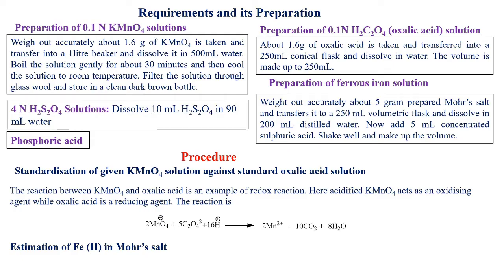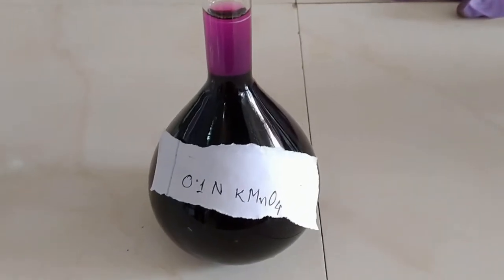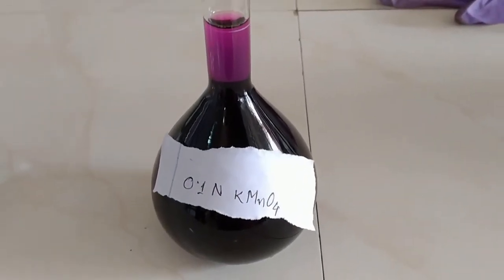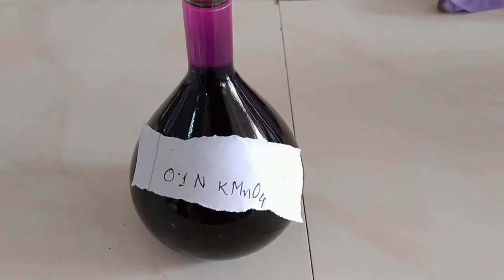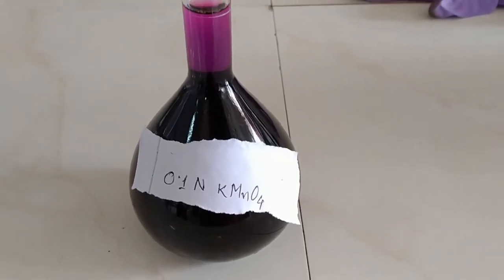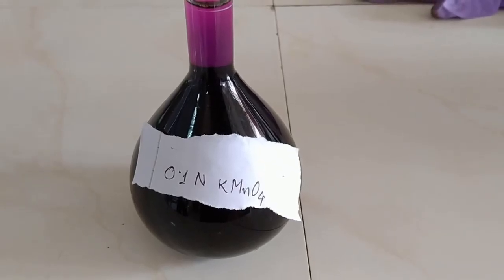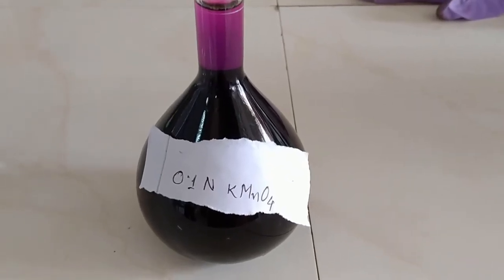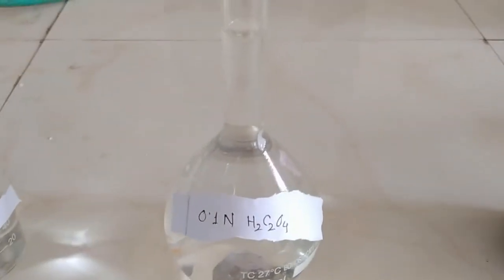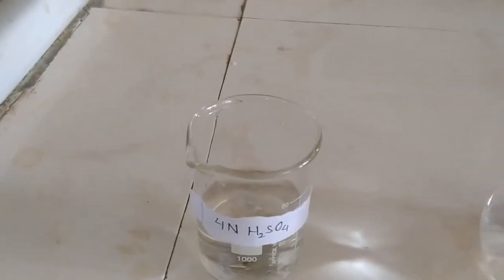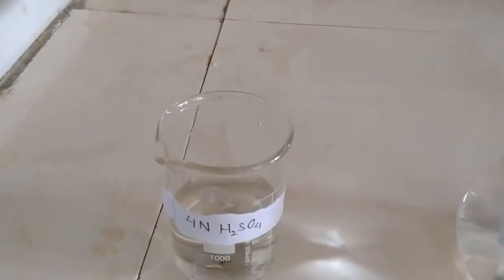Now let's go to the procedure of this practical. For estimation of iron present in Mohor salt, we use 0.1 normal potassium permanganate solution. Since potassium permanganate is a secondary standard, first we have to standardize the potassium permanganate solution using 0.1 normal oxalic acid and 4 normal concentrated sulfuric acid.